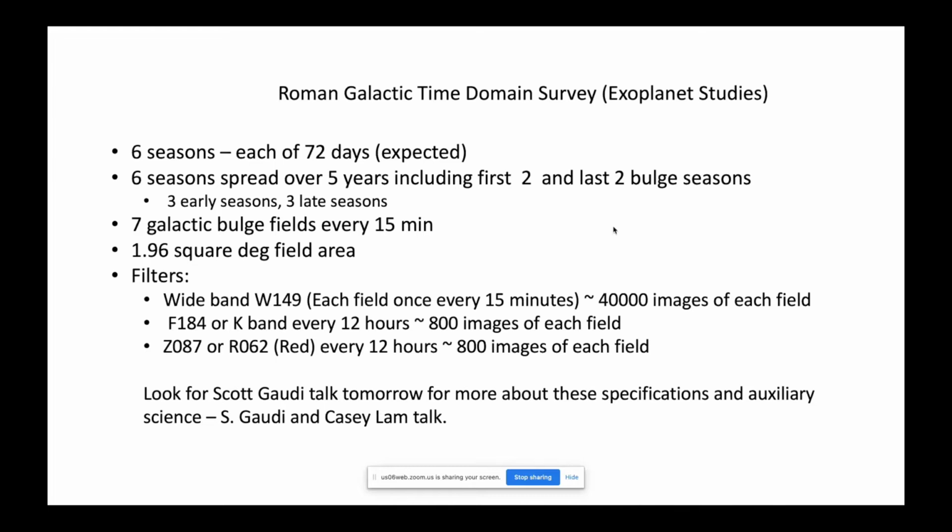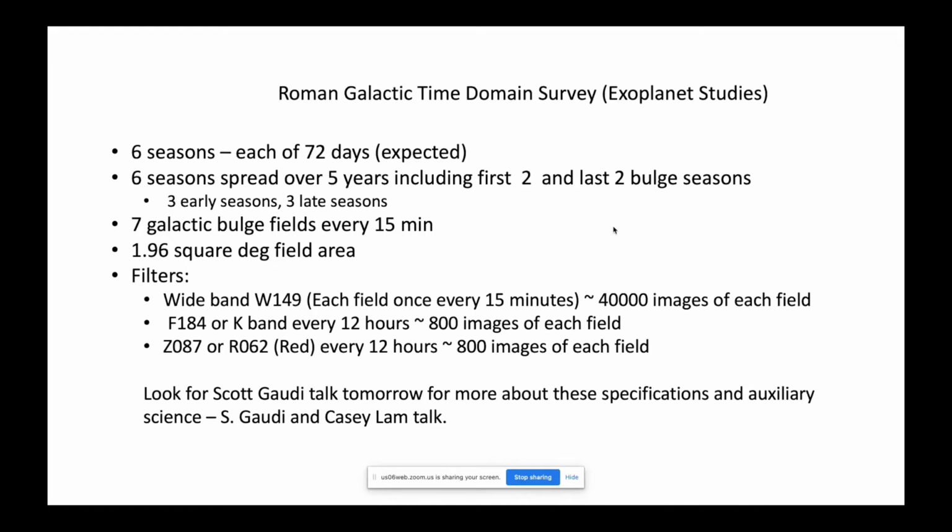We are expecting about 7 galactic bulge fields to be observed every 15 minutes, but this number can change as the specifications keep being upgraded. About 1.96 square degree field area, and we are looking for about 3 filters. One is the wideband filter, and about 40,000 images in each field with this particular passband.